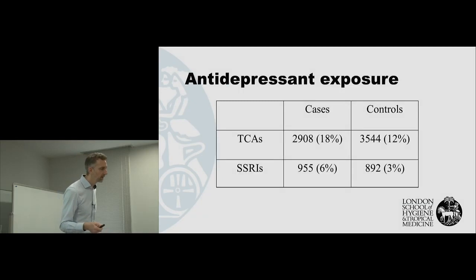Okay. So these are how the data looked for the case control comparison. Amongst the cases, we've got 18% exposed to tricyclics and 6% exposed to SSRIs. Amongst the controls, we've got 12% taking tricyclics and 3% taking SSRIs.